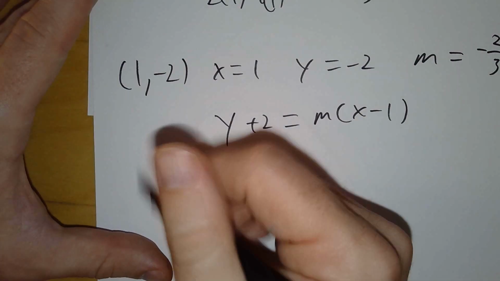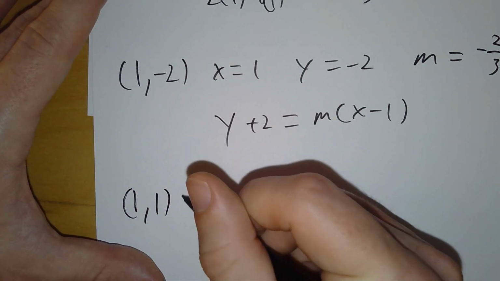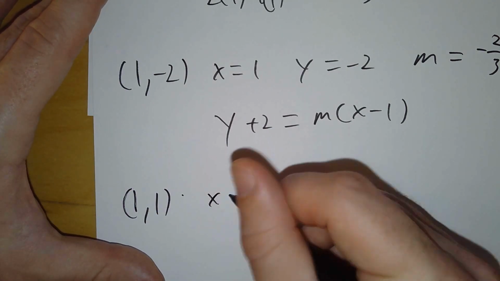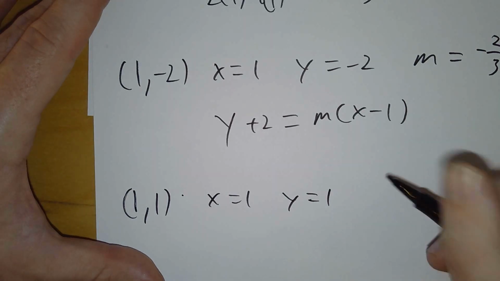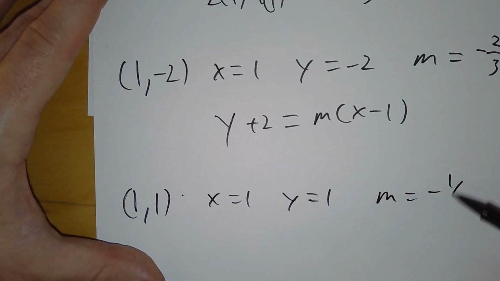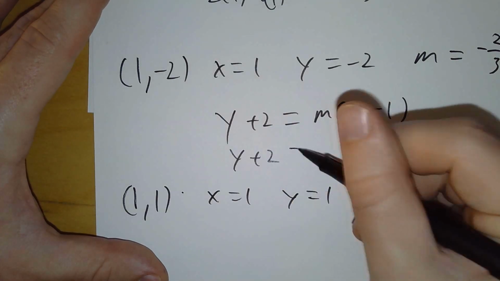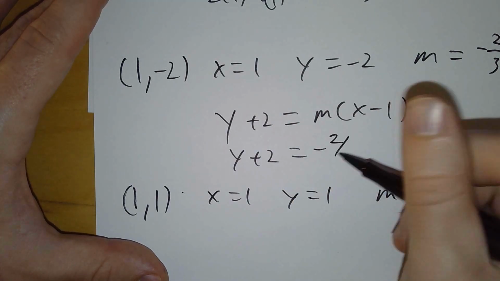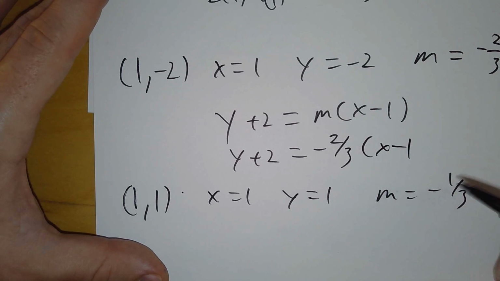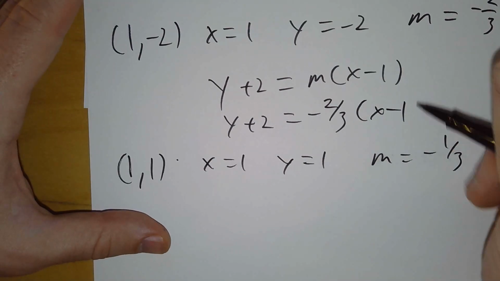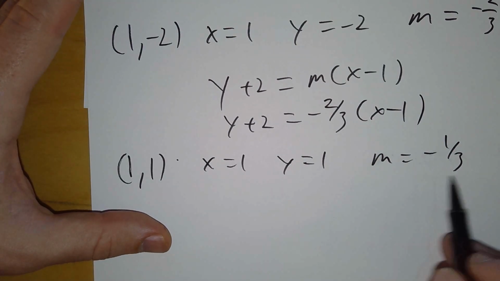And then for 1, 1, it's going to be, so x equals 1, y equals 1, and m equals negative 1/3. Oh my goodness, guys. Sorry, for this one, y plus 2 equals, my m was negative 2/3 times x minus 1. Okay? And then for this one, x equals 1, y equals 1, m equals negative 1/3.